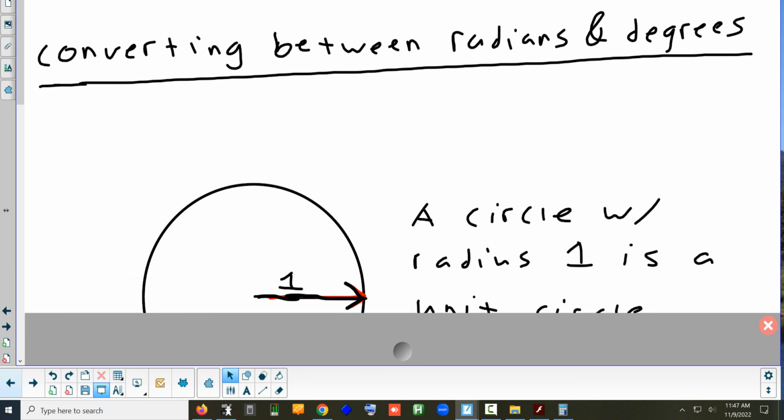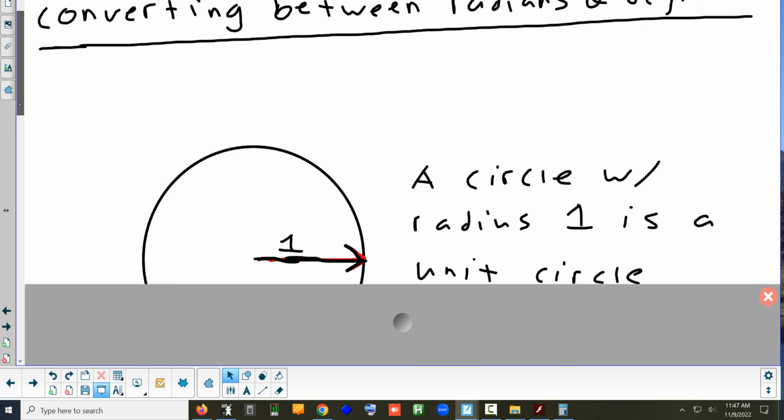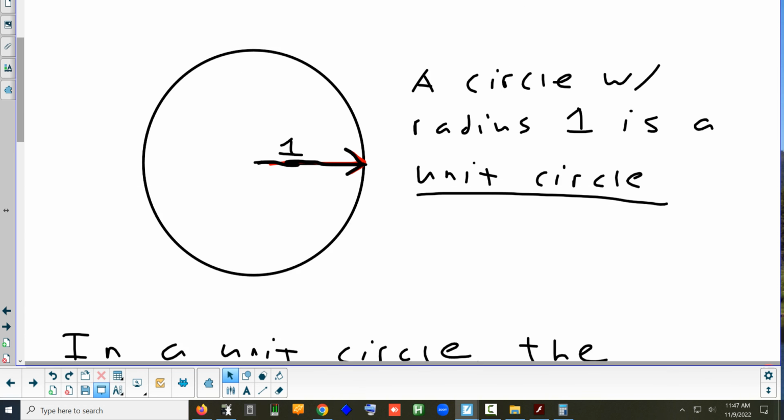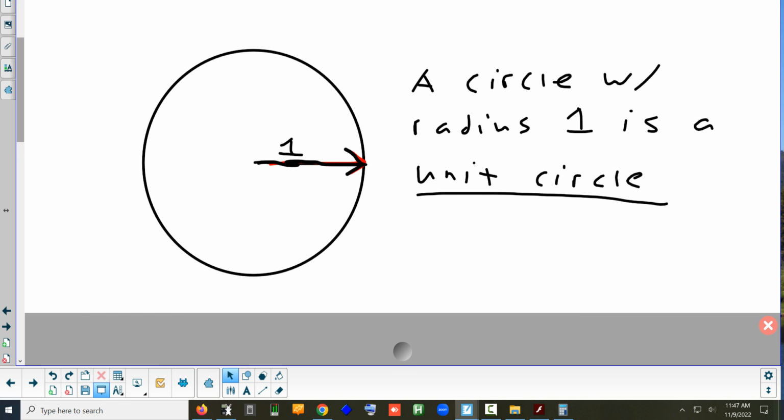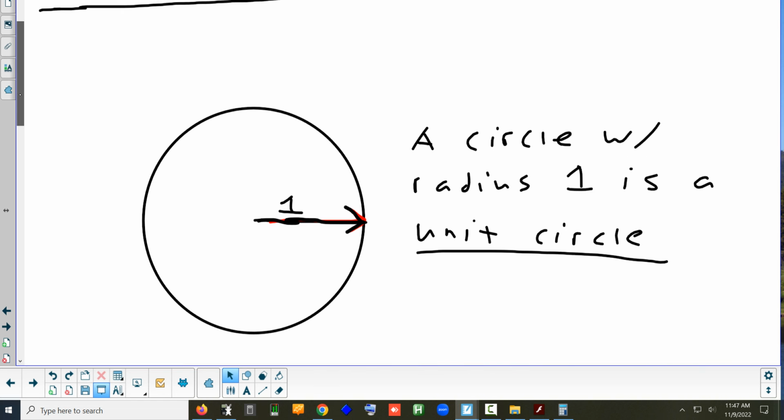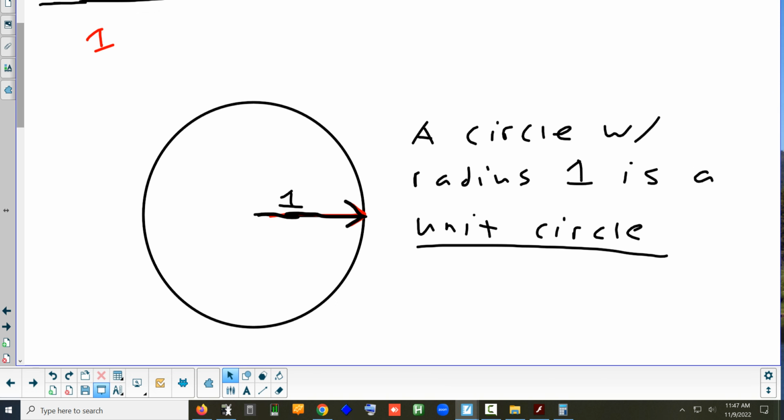That's what I need to figure out. So 1 revolution equals 360 degrees, which equals, that's what I want to figure out, how many radians in 1 revolution.